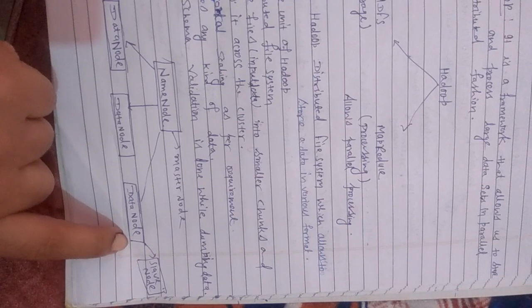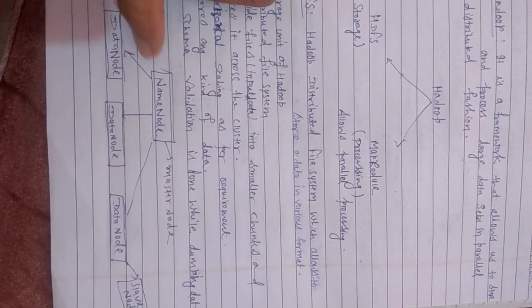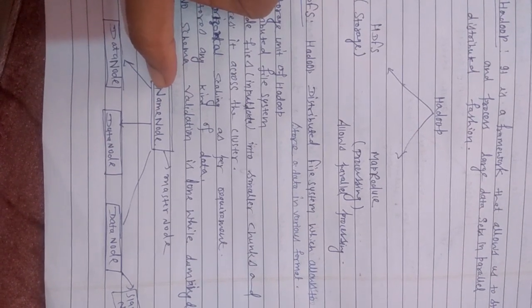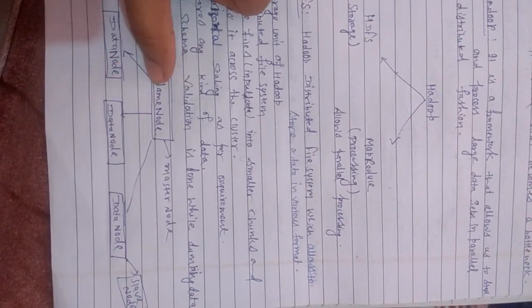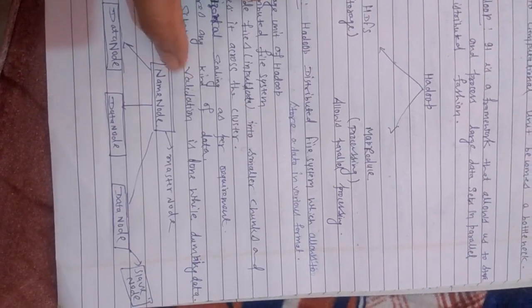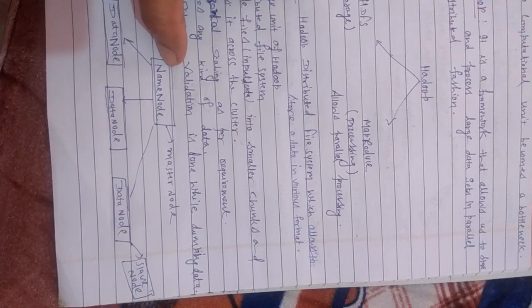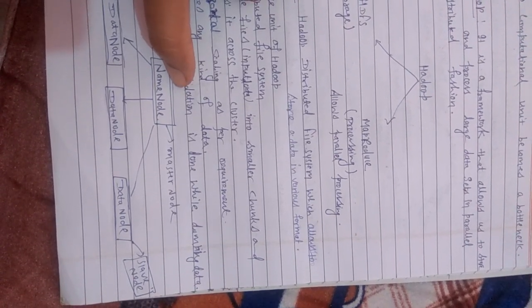So these are the data nodes, and the master node stores only the metadata of the data nodes. Metadata is data about data, so it stores a very small amount of data.